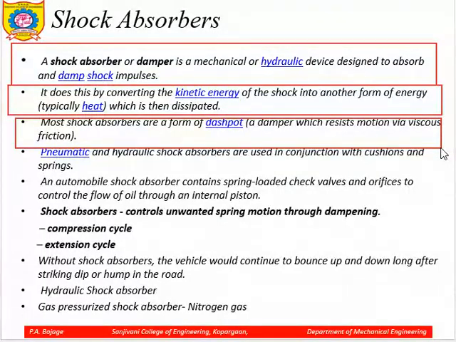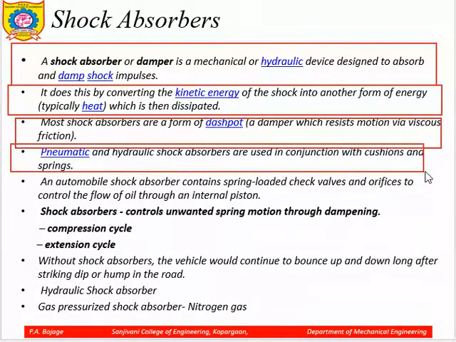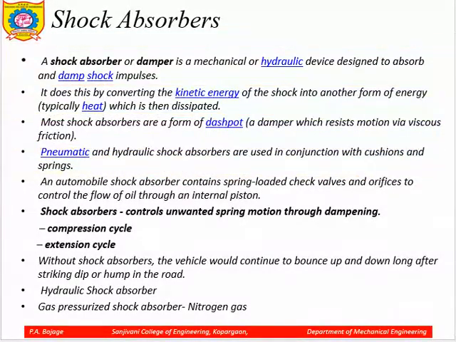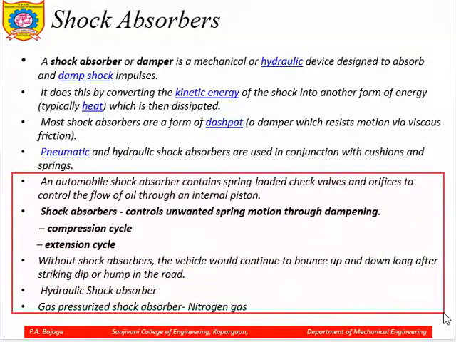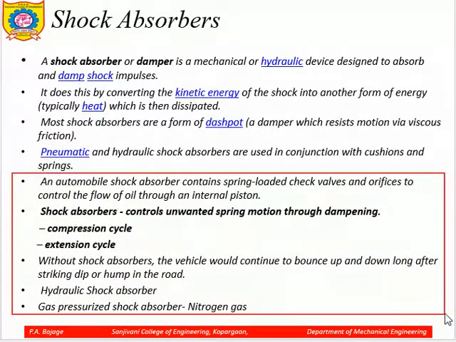Again, pneumatic and hydraulic shock absorbers are used in combination with cushion springs or the coil springs. An automobile shock absorber contains spring-loaded check valves and orifices to control the flow of oil through an internal piston.